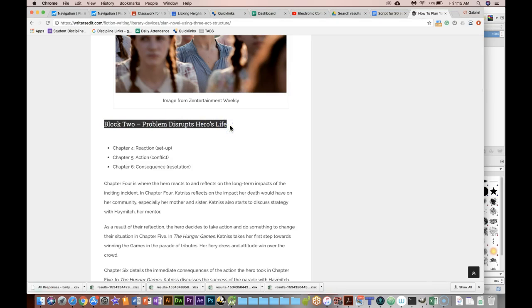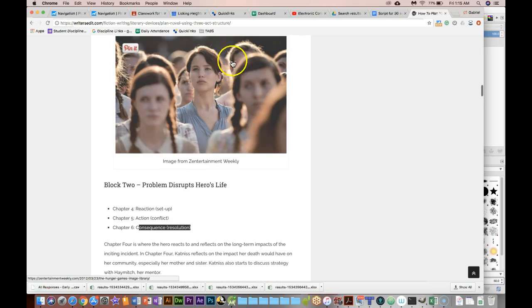Block 2, we introduce the problem. Okay, we're still in Act 1. So they have it broken down into a few more chapters where now he's reacting to that problem. That's the setup. He's going to take some type of action. That's the conflict. And then the consequence of the action. If we look at Hunger Games, we had Katniss Everdeen in her normal state, just in her town.